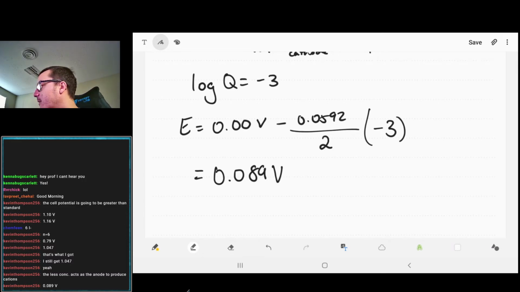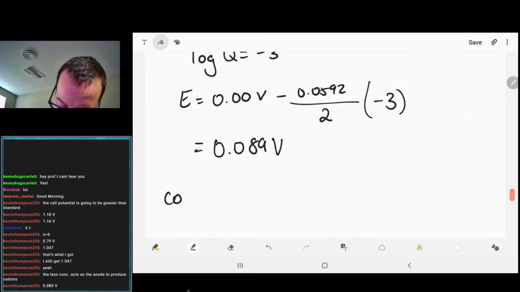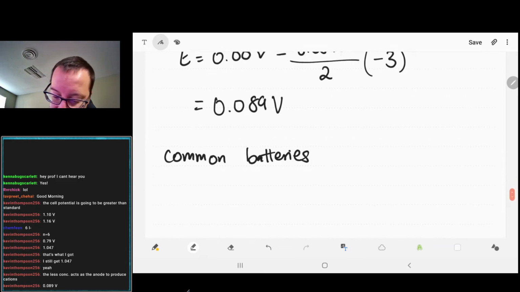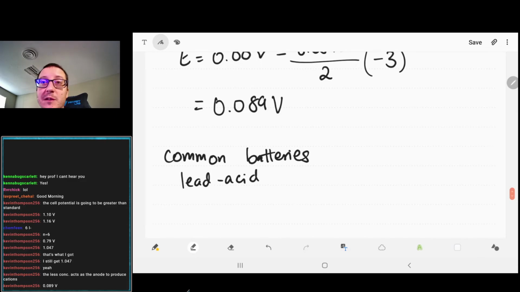We can talk about batteries too. I think there are some examples of batteries here. Yeah, these reactions are just crazy. So let's talk about batteries. One common one is the lead acid battery, which is what's in your car.